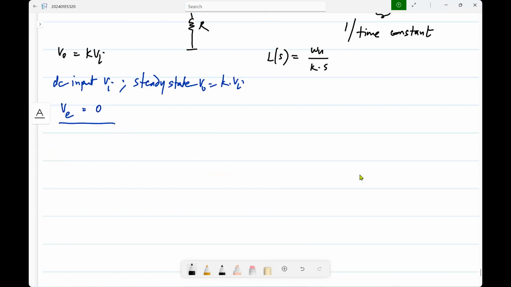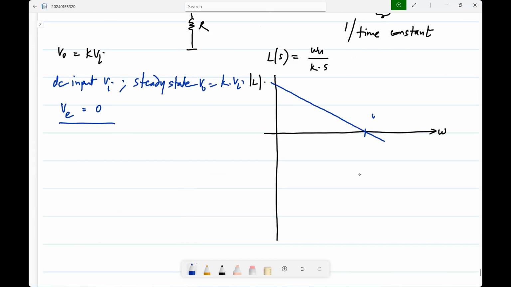So now when you have this as the loop gain, the magnitude of L would look like this, and the unity loop gain frequency is omega u by K.